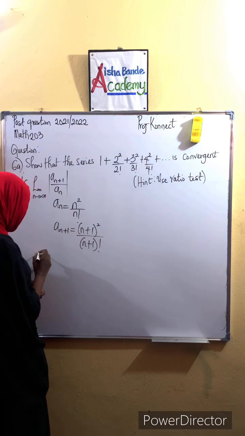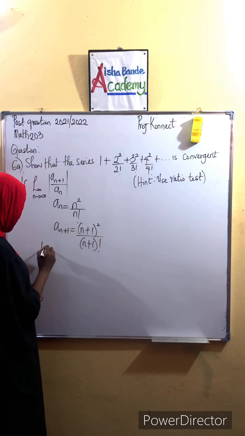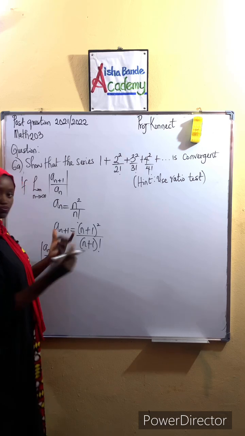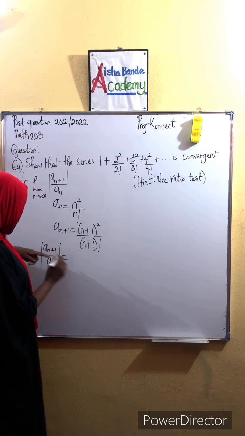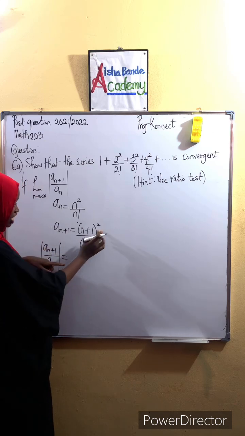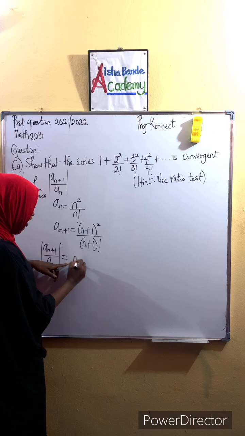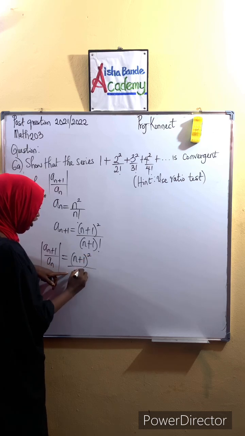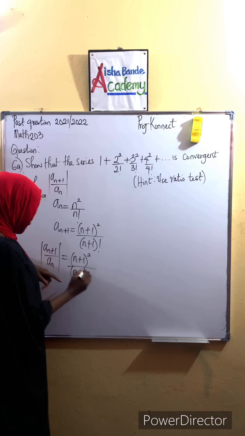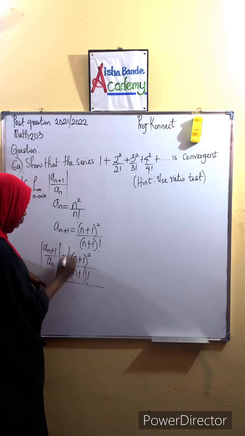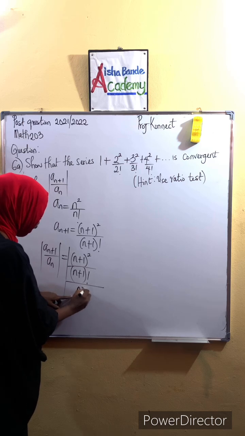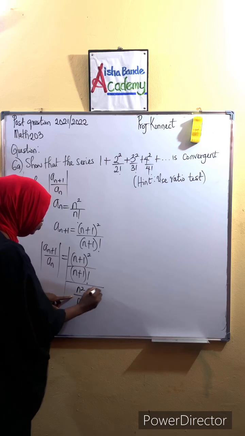So let's continue. Here we are going to have the absolute value of a n plus 1 all over a n. Now let's input what we have. This a n plus 1 is n plus 1 raised to the power of 2 all over n plus 1 factorial, divided by a n, which is n squared over n factorial.